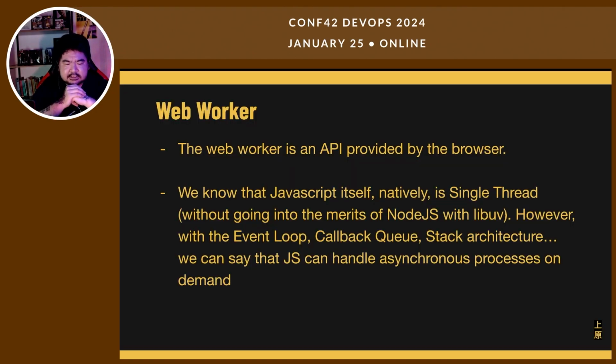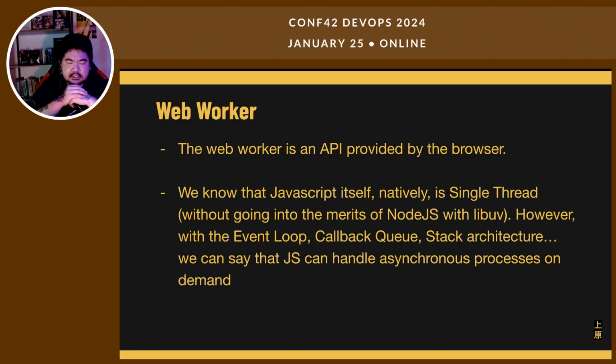A web worker is an API provided by the browser by default. We know that JavaScript itself, vanilla JavaScript, is single-threaded, without going into the merits of Node.js with libuv. However, we have the event loop, callback queue, and stack, and this entire architecture is provided by the V8 engine.